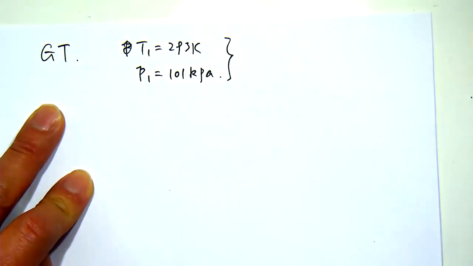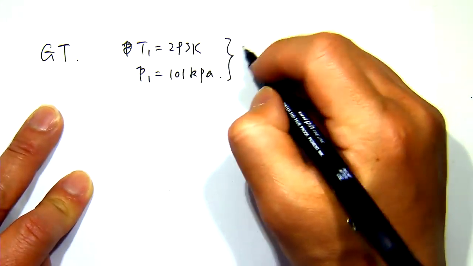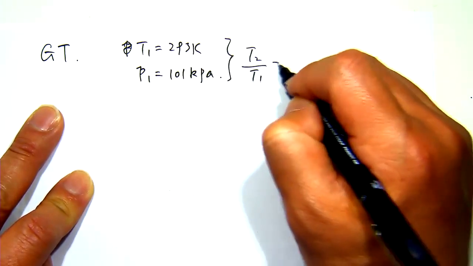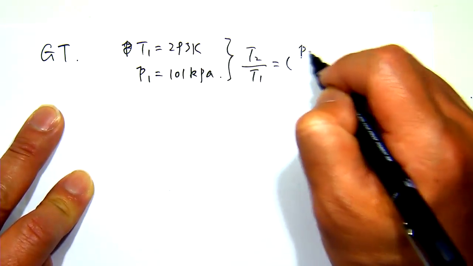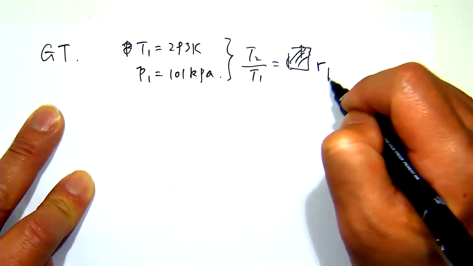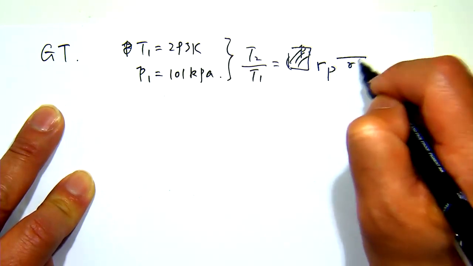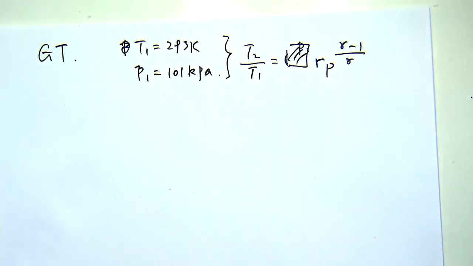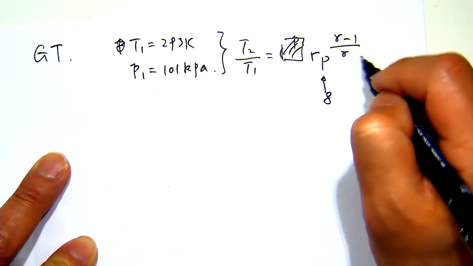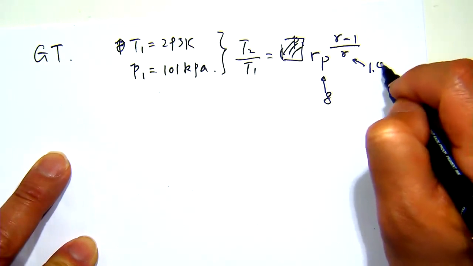We want to know what T2 is, because the compressor work is directly related to the temperature difference between the two states. T2 can be calculated from T2 over T1 equals the isentropic relation. I don't even need the full isentropic relation because I know the pressure ratio is given: T2 over T1 equals RP to the power of gamma minus 1 over gamma. The RP is 8 and gamma is 1.4, right?